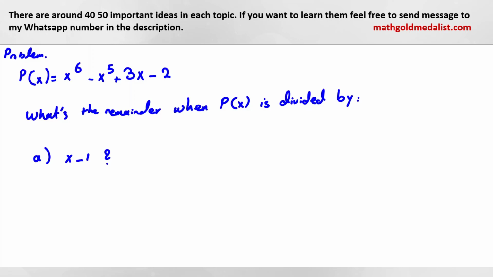Is the remainder 1? The remainder is 1, you said? Yes. Can you explain your solution? I did synthetic division. You've divided, right? Long division?